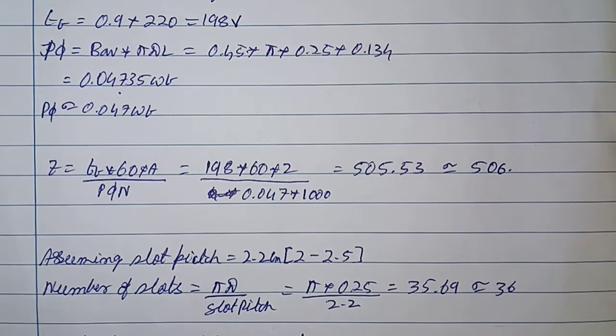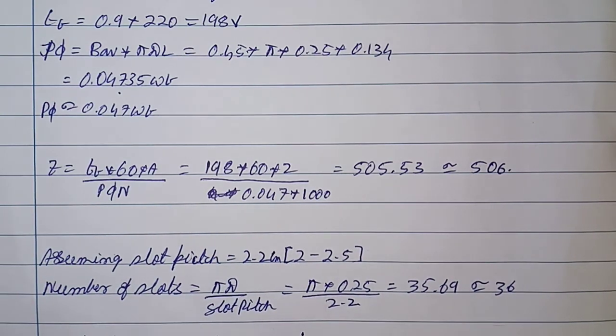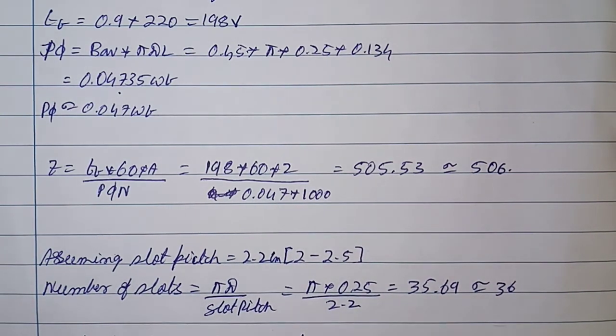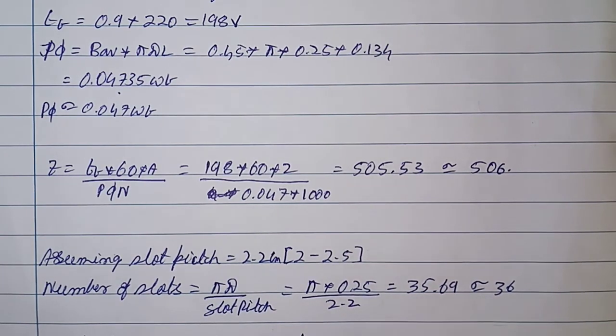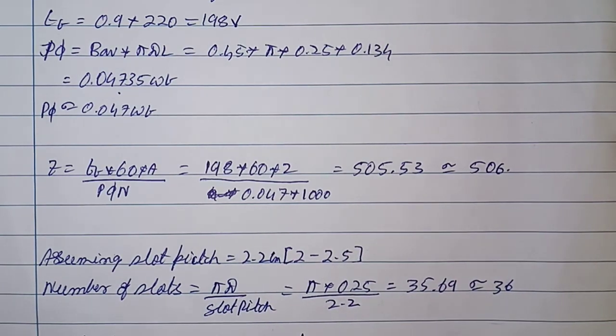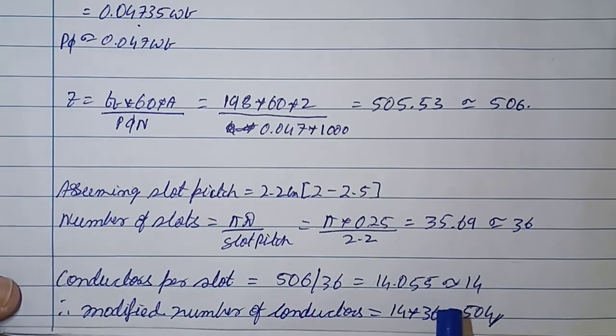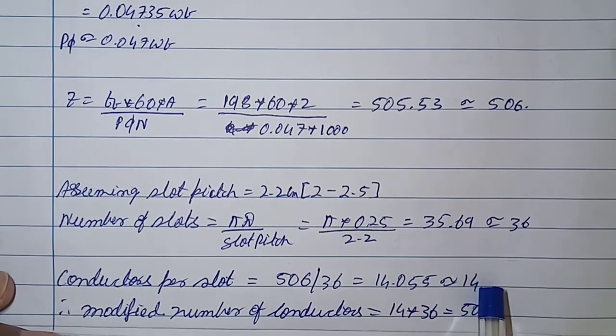So conductor per slot is 506 divided by 36, so we get around 14.055, so we'll be getting 14. With these slots and conductors per slot, we'll find out the total conductors.